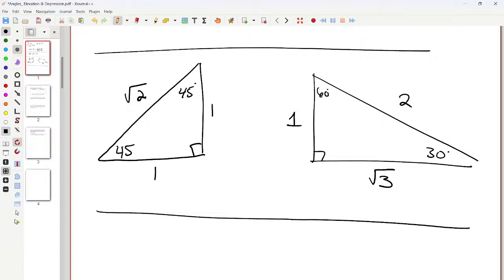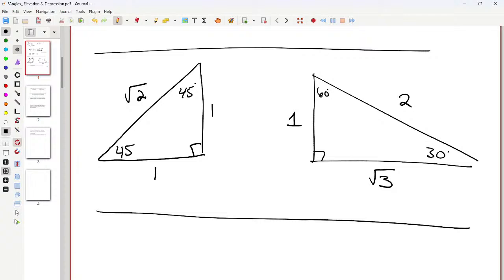So, 30, 60, 90 triangle. Opposite the 30 is the smallest number here, 1. And although this looks like the biggest number, it's not the number 3. It's not 1, 2, 3. It's the square root of 3, which has to be less than 2 because the square root of 4 is 2, and this is something smaller, so it has to be less than 2.